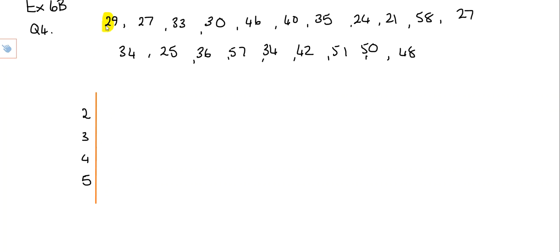Okay, so we've got 2s, 3s, 4s and 5s. So they're not actually 2s, 3s, 4s and 5s. They are 20s and so on. So what we would have to actually write over here is a key. Right?